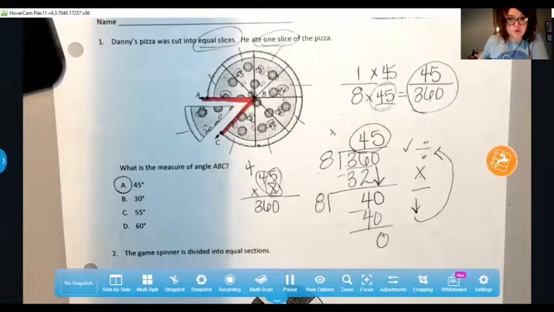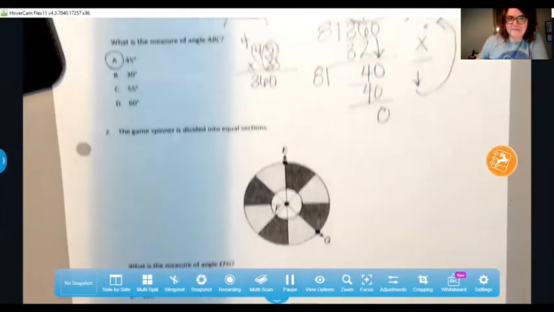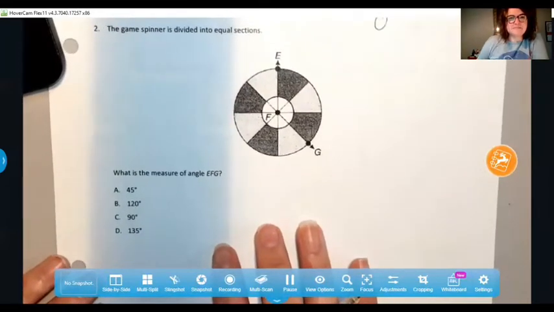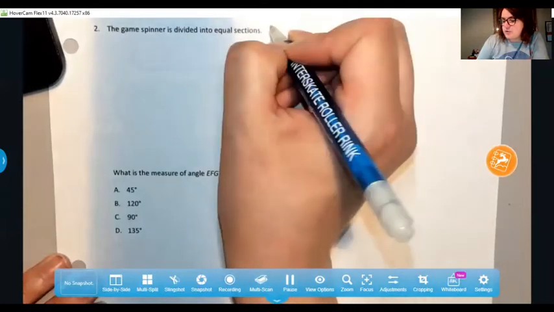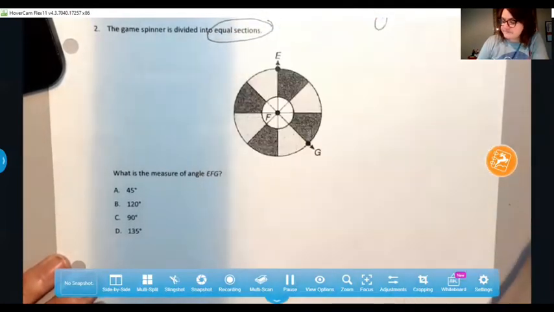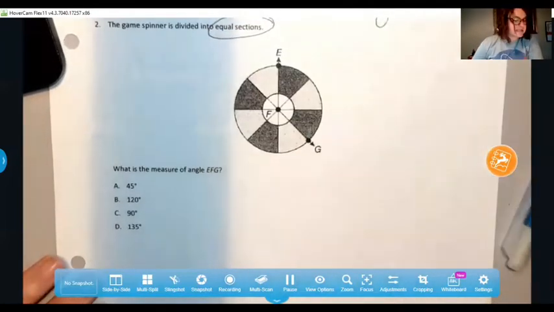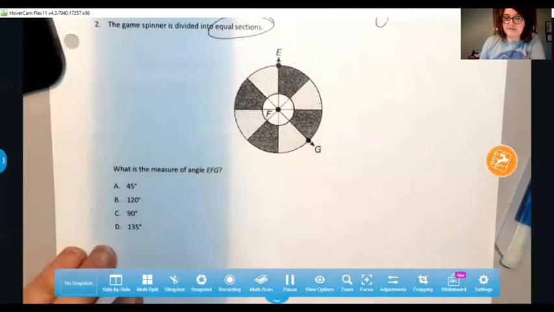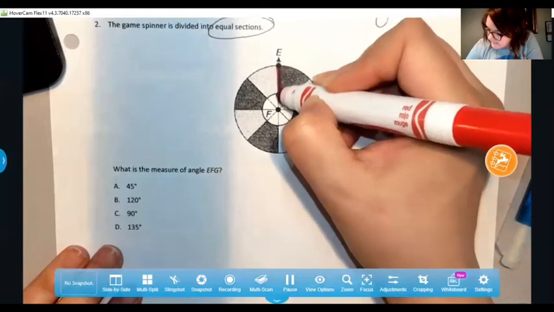We'll do 2 more. This is the last one I'm going to do with you, and the next will be your exit ticket. This says the game spinner is divided into equal sections. What is the measure of the angle EFG?